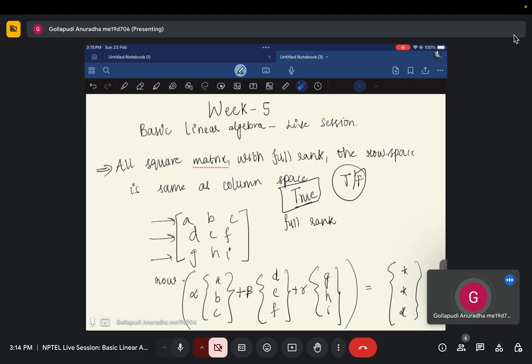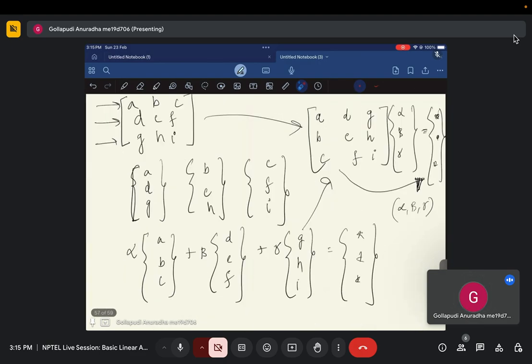If from the linear combination of the row vectors I can get any vector in the column space, if I'm able to find alpha, beta, gamma, and using the row vectors I can get vectors in the column space, then I can say that the row space and column space are going to be the same.